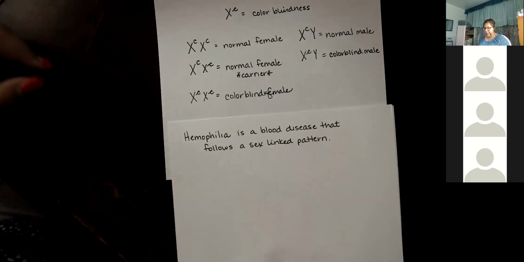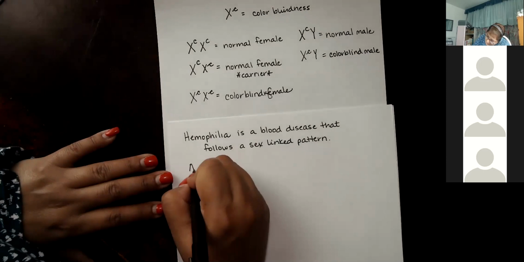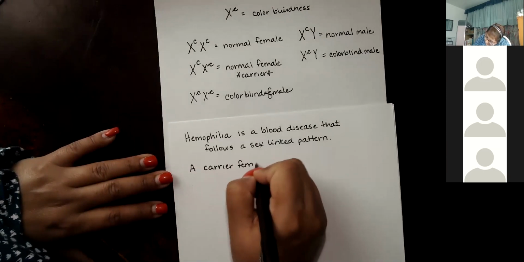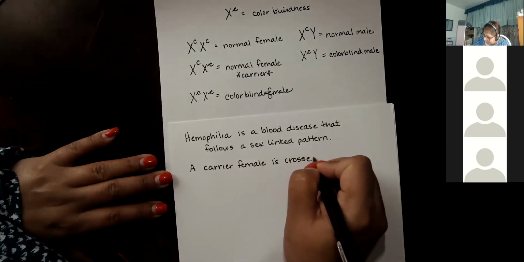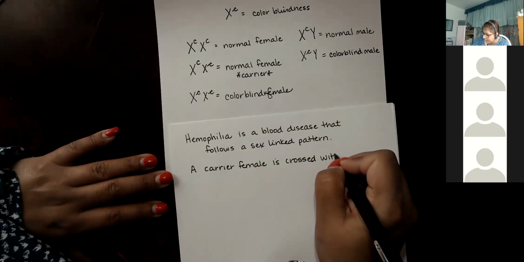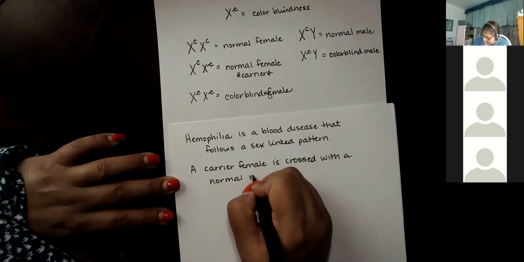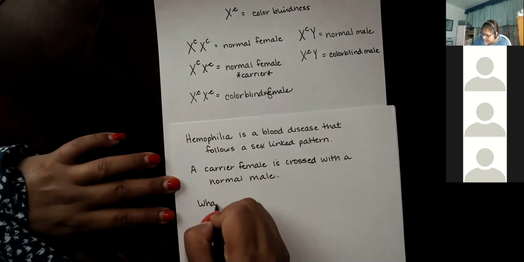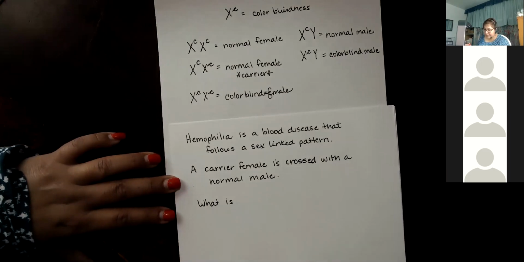Hemophilia is a blood disease that follows a sex-linked pattern. A carrier female is crossed with the normal male. And so my question is, what is the probability that they could produce a child with hemophilia?